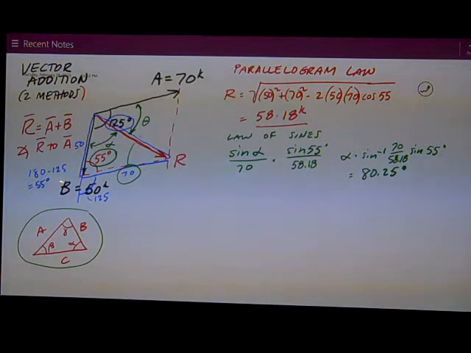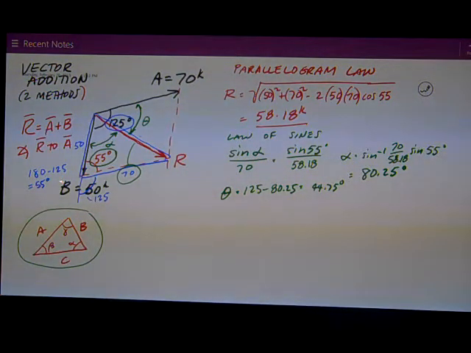And now I know alpha, and I've got this 125 degree angle. I can subtract alpha from this 125 and get the angle I'm looking for, theta, which is equal to 125 minus 80.25, which is 44.75 degrees.